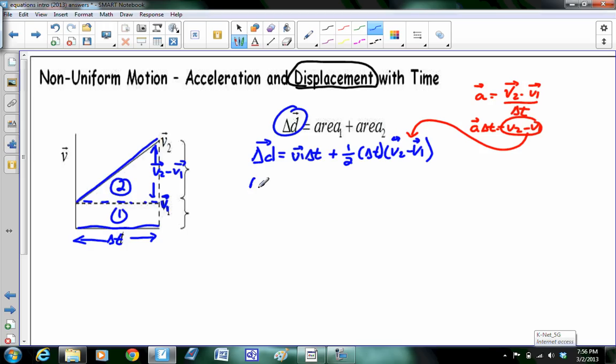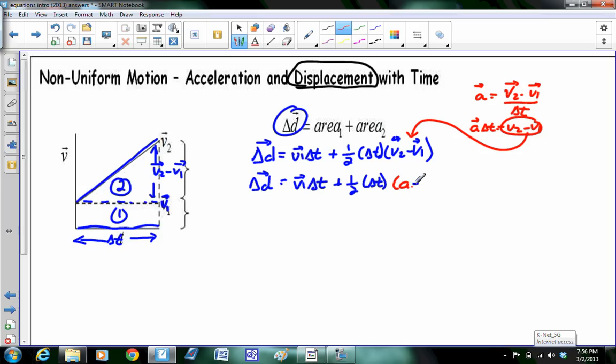So I'm going to have my displacement is equal to my V1 times my time plus 1/2 my time. Now instead of writing down V2 minus V1, I know that V2 minus V1 is equal to AT, so acceleration times time. Let's use a different color, a little bit clearer for us. Let's use red.